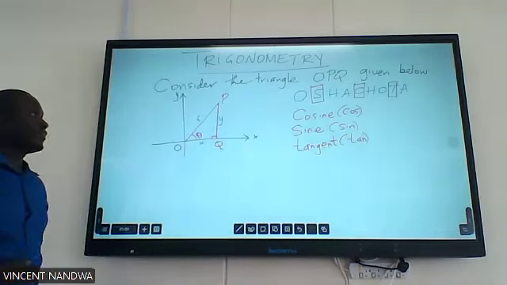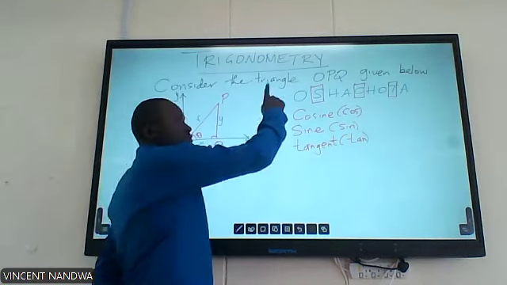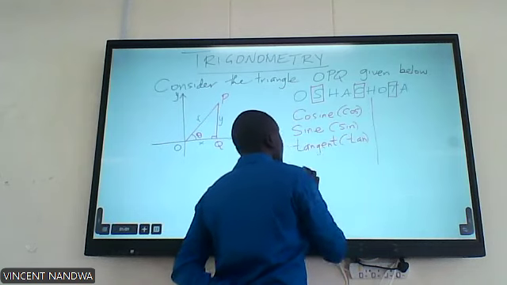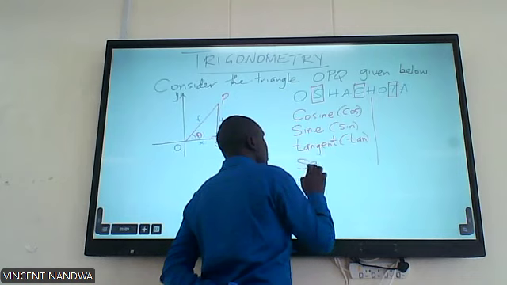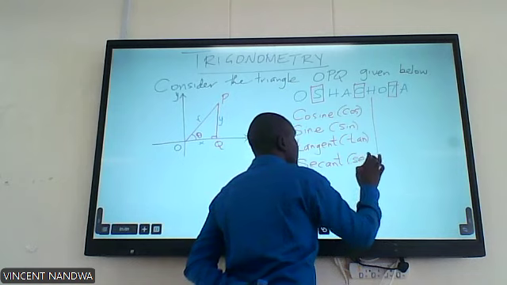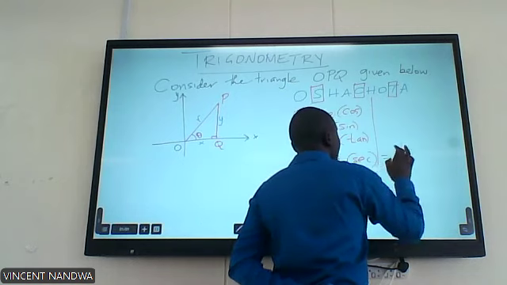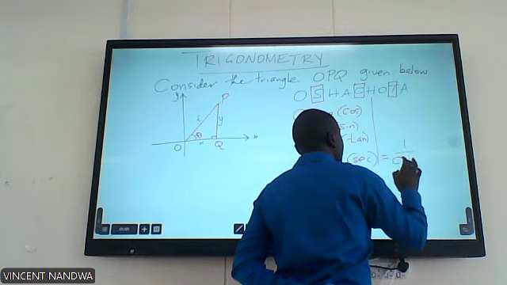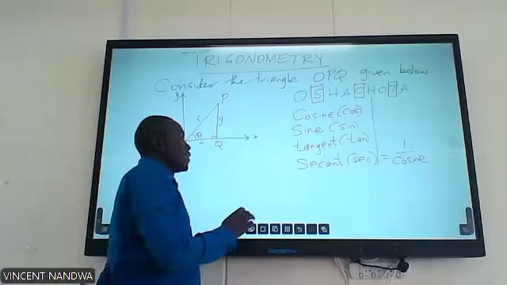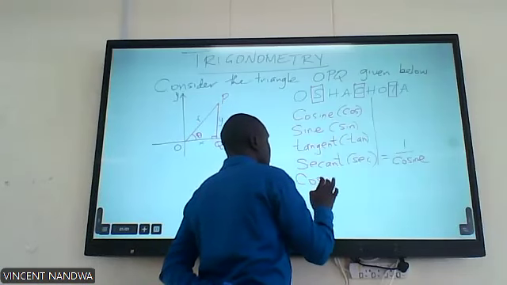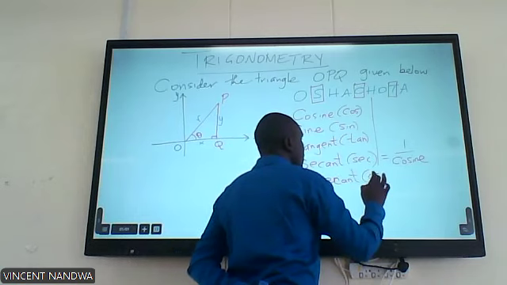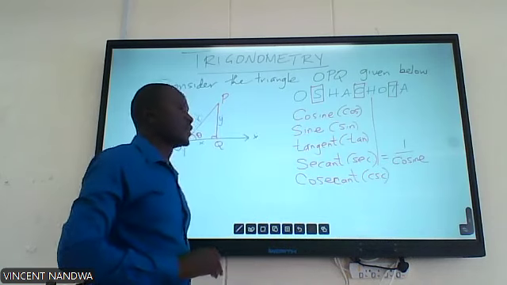And then, when you get the reciprocals of these base trigonometric functions, there's another one we call secant, which you abbreviate by sec. And sec is given by 1 over cosine. Second, there is cosecant, which we abbreviate by cosec.